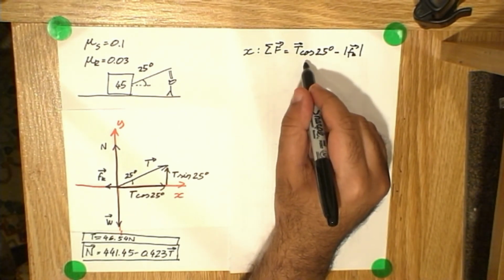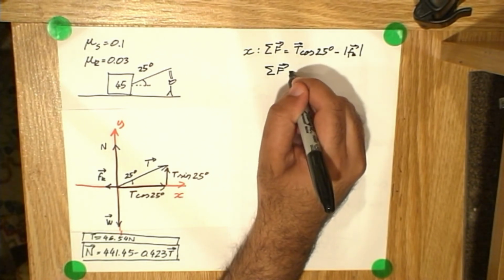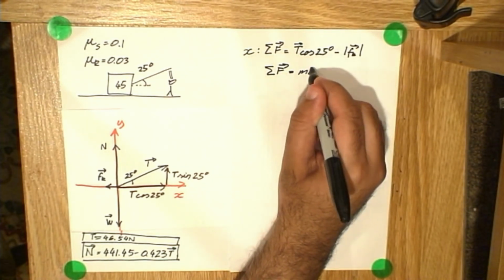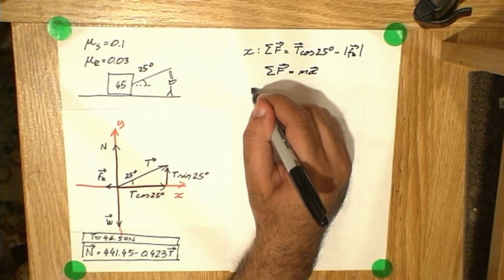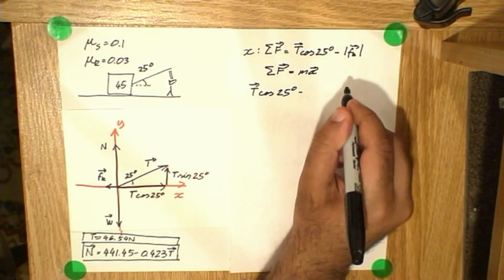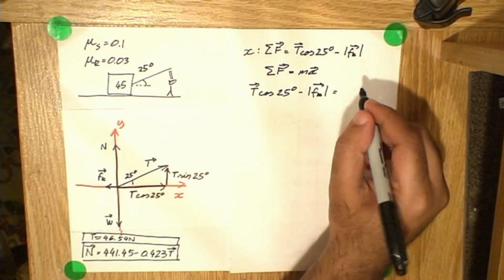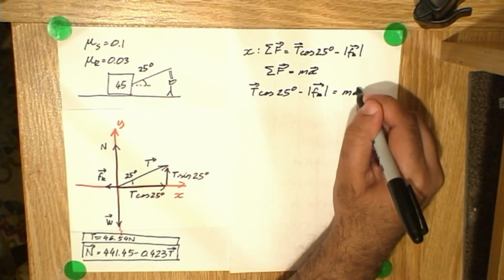Now, T cos 25 minus kinetic friction is going to be equal to the total force, but total force is in turn equal to mass times acceleration. So we now have T cos 25 minus the force of kinetic friction is equal to mass times acceleration.